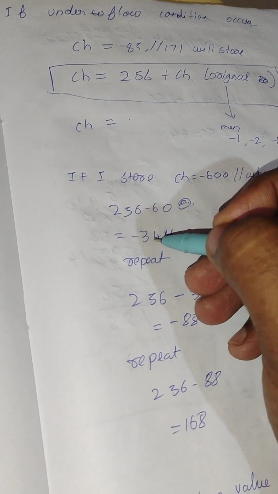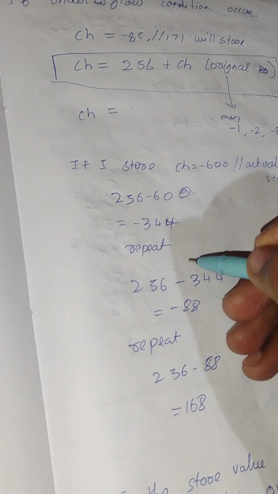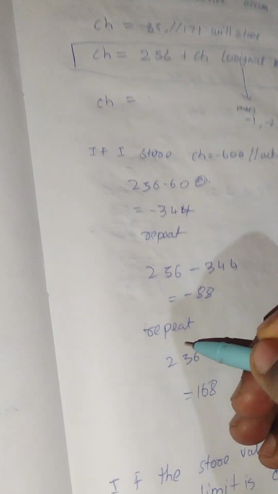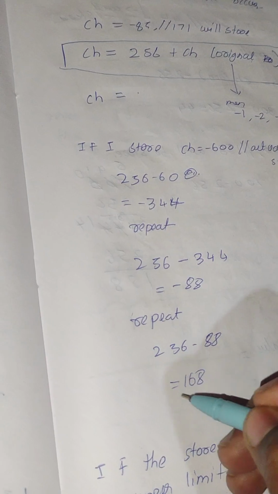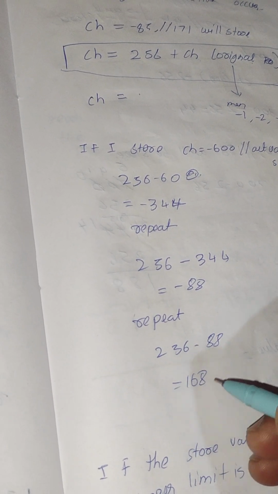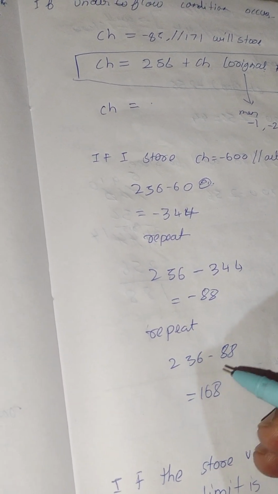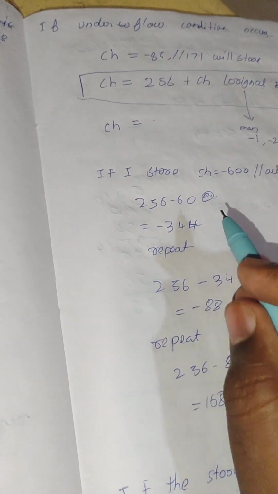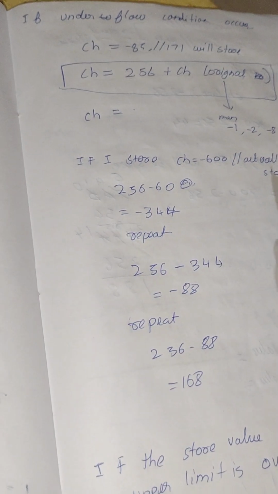If I get a minus value, I will get -344. Again I need to add 256, which gives -88, and again 256 gives 168. So 168 is the value that can be stored in char. For this I am going to open my system.